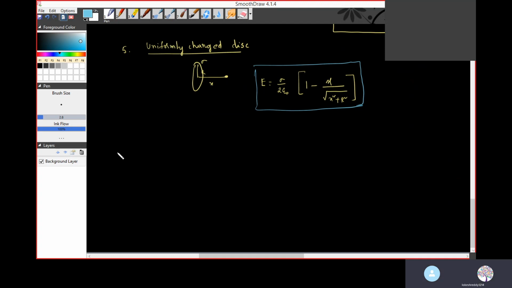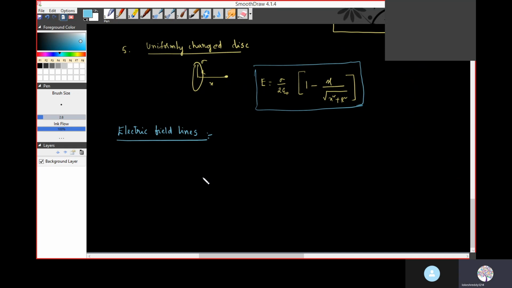So now I want to discuss electric field lines. What are electric field lines? Electric field lines are the path traced by a unit positive charge.